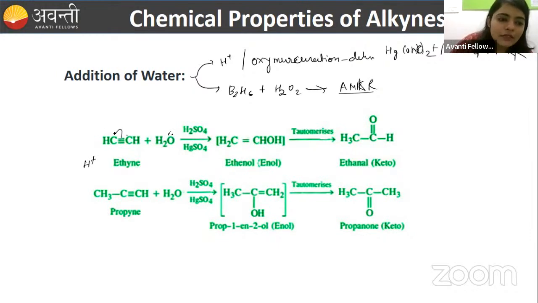So this density will shift towards this carbon and form a bond with this hydrogen. We get CH2 and this double bond remains intact. Then an intermediate forms: CH2 double bond CH positive.